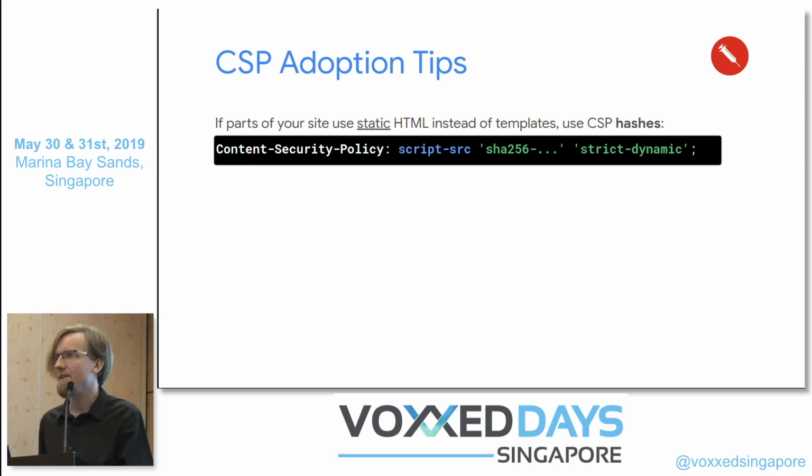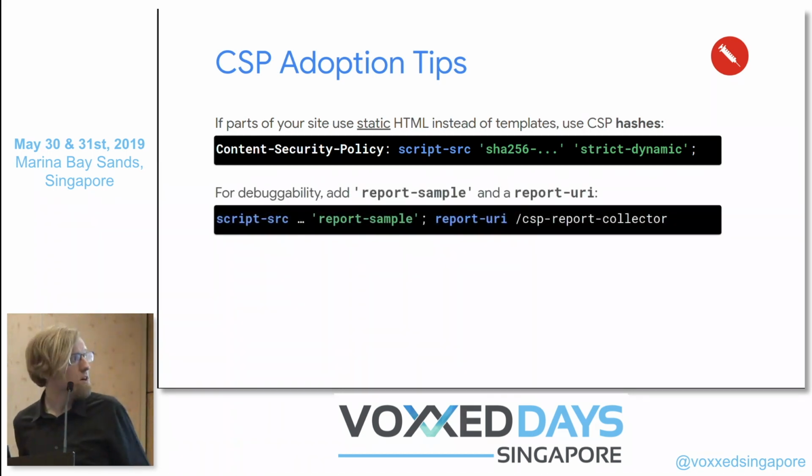So if you have a site with static HTML that doesn't use an HTML template system, this is a preferable way of adopting CSP. You can also use the report sample keyword, which will give you more information about which parts of your site might not be compatible with CSP.